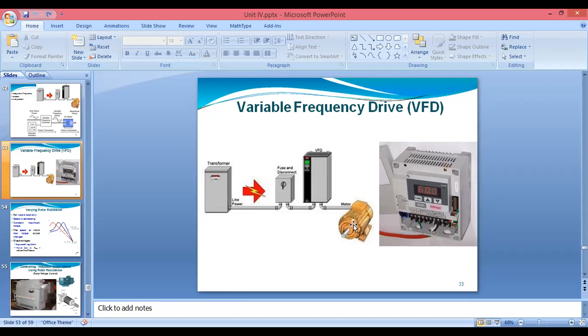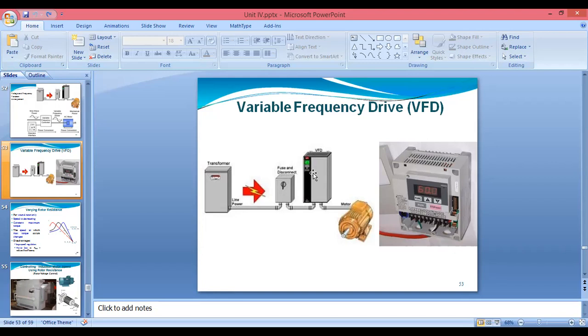So when we are giving the power supply to the three-phase induction motor, and when we are changing the frequency by using the variable frequency drive, at that time synchronous speed will change with the supply frequency, and there will also be changes in the speed because we have the formula Ns equal to 120 f upon p. So as the value of frequency changes, we can say the value of speed will change.